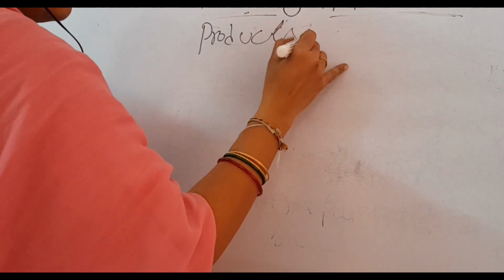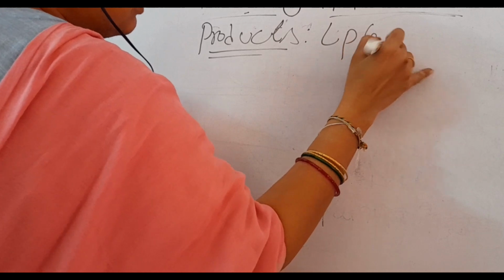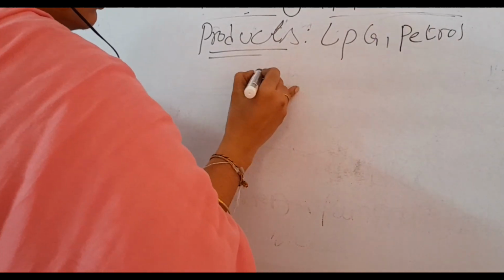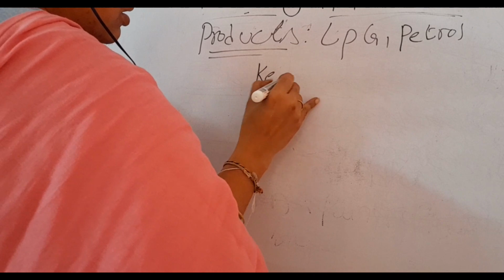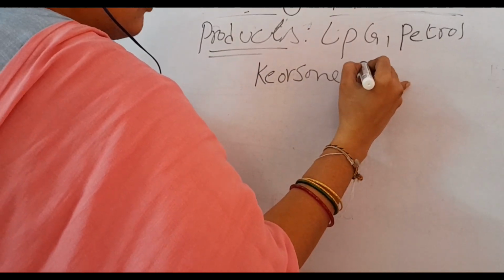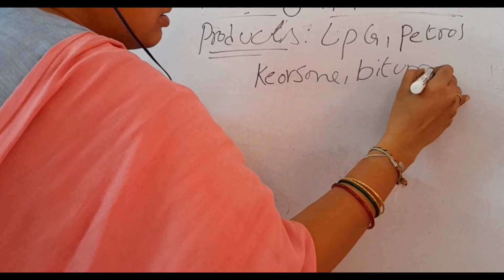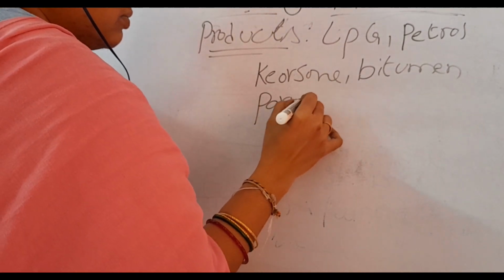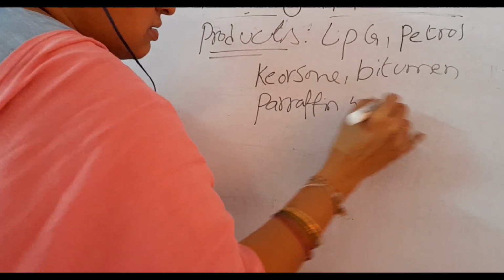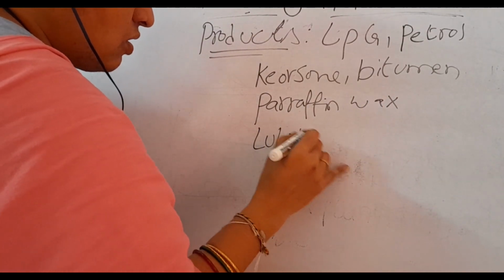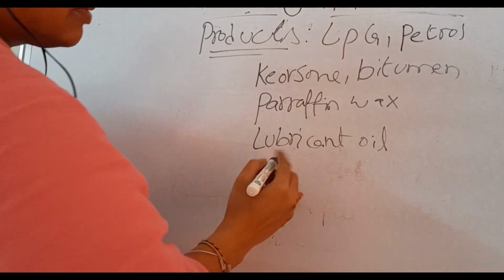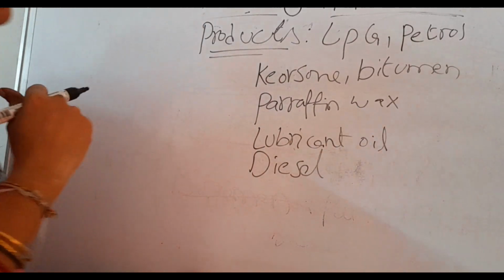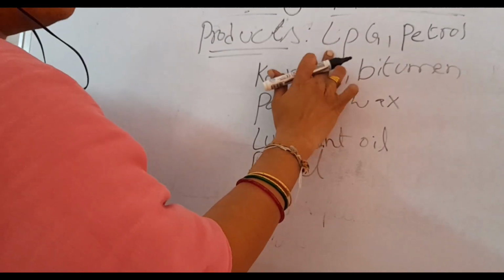Products are LPG, second petrol, third kerosene, fourth bitumen, fifth paraffin wax, lubricant oil, and diesel, which are also products of refining petroleum. Where do we use LPG gas?